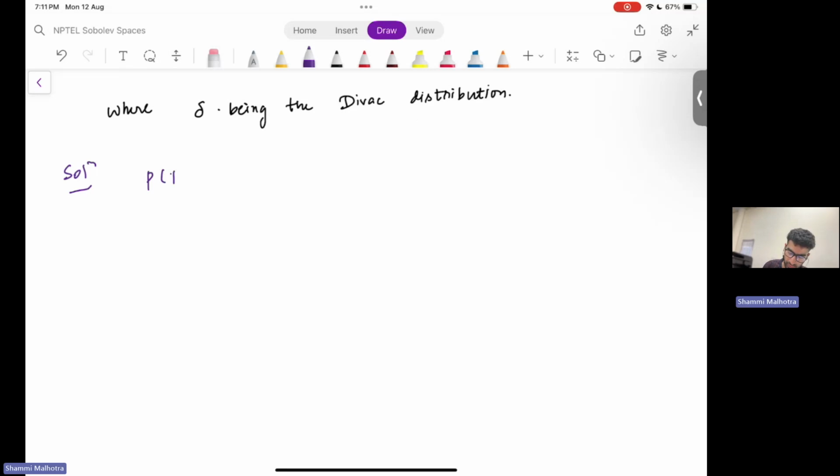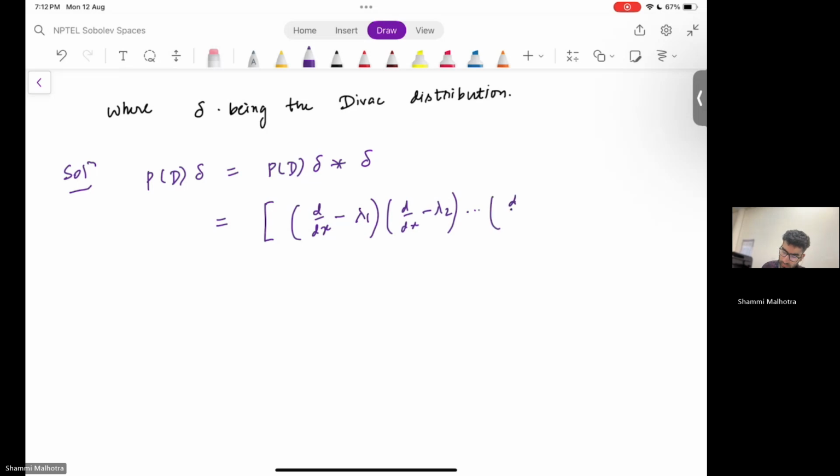So P(D)δ, if I consider, is nothing but P(D)δ convolved with δ, which is equal to (d/dx - λ_1)(d/dx - λ_2)...(d/dx - λ_m) δ convolved with δ.